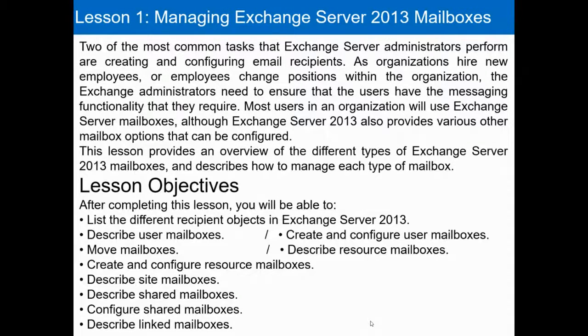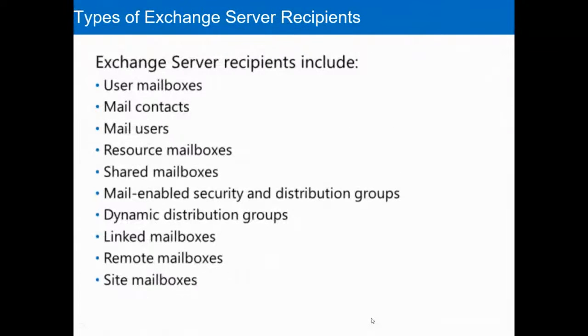For the objectives, we will see how to list the different recipient objects in Exchange Server 2013, describe user mailboxes, move mailboxes, create and configure user mailboxes, describe resource mailboxes, create and configure resource mailboxes, describe site mailboxes, describe shared mailboxes, configure shared mailboxes, and describe linked mailboxes.